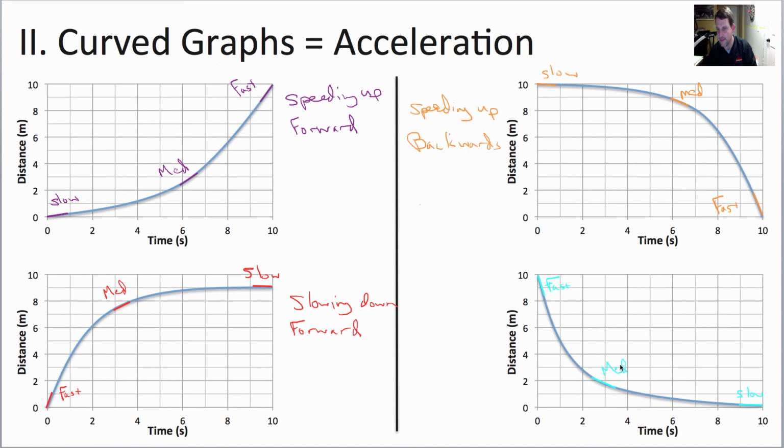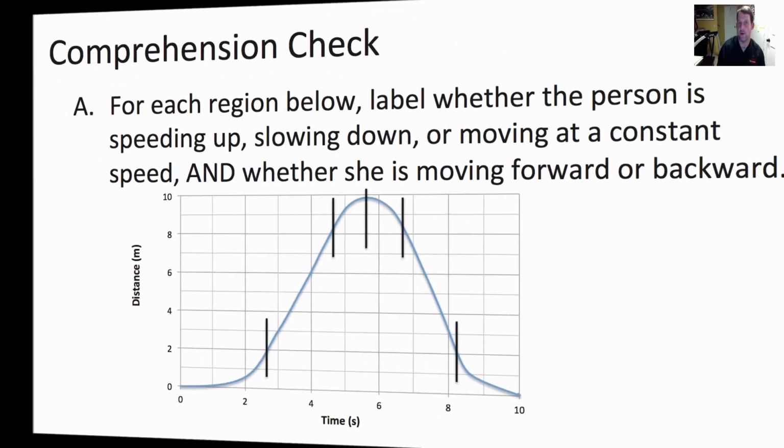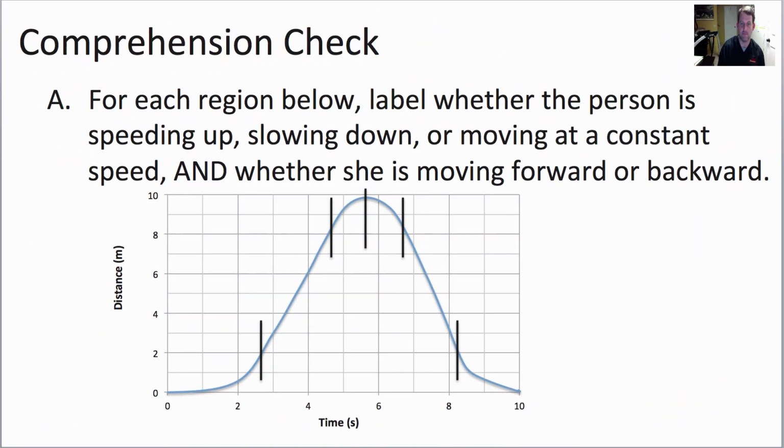So when you go from fast to medium to slow, we call that slowing down. And because we're losing distance, we must be moving backwards. So pause the video. When you're ready to see the results, hit play again.